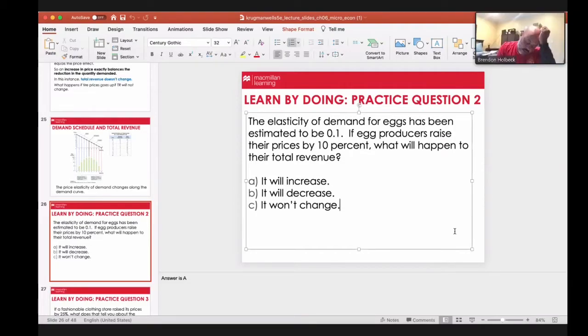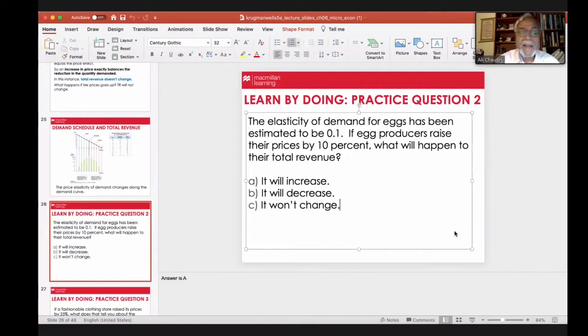Even though we are selling fewer items, the reduction in the number of items is so much smaller that the price effect, the increase in revenue due to the higher price on the smaller number of units, is greater than the loss from the 1% of items that you didn't sell. Got it?